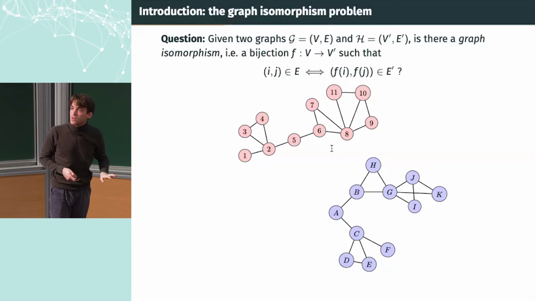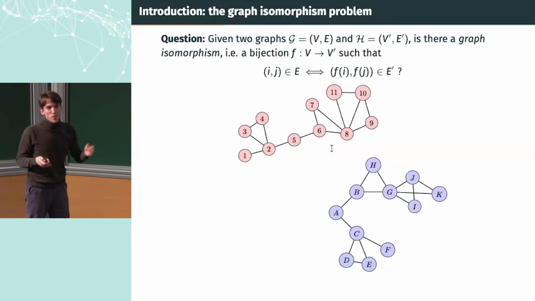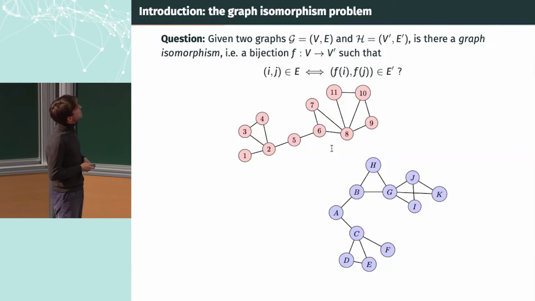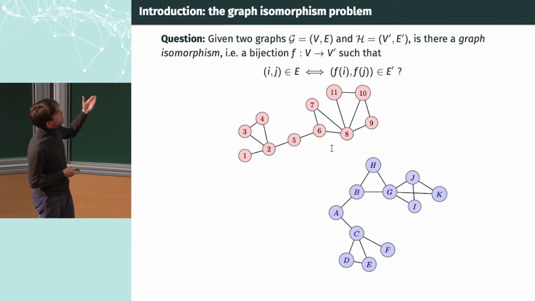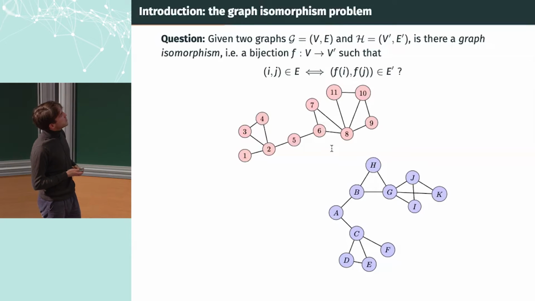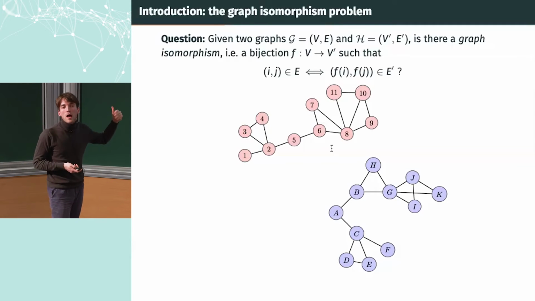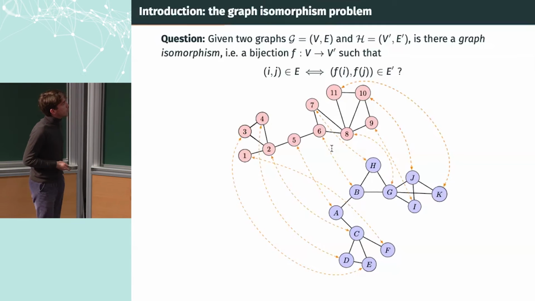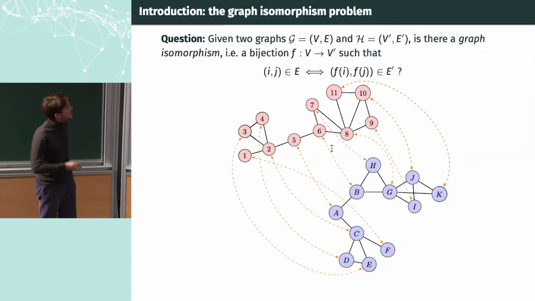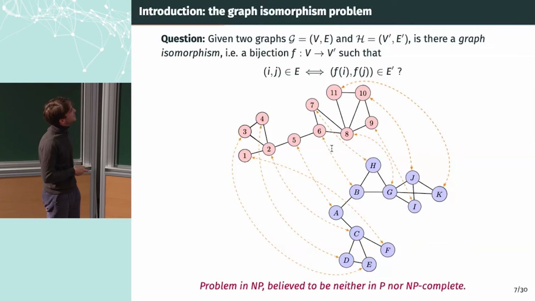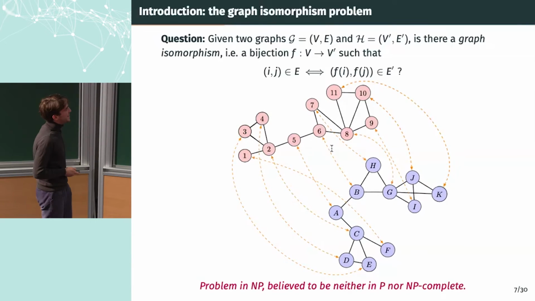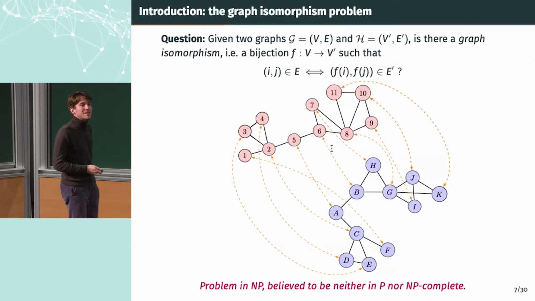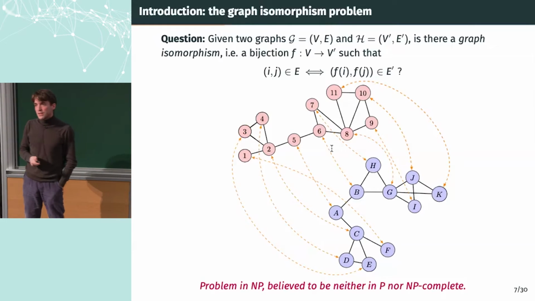Maybe the computer scientists in the audience know a lot about this fundamental problem. We wonder whether there is a bijection that preserves adjacency, meaning in fact these two graphs are the same up to isomorphism. In this example they are, and I show you the bijection. But in general, finding such a bijection, or even just saying whether there exists one, is very difficult.